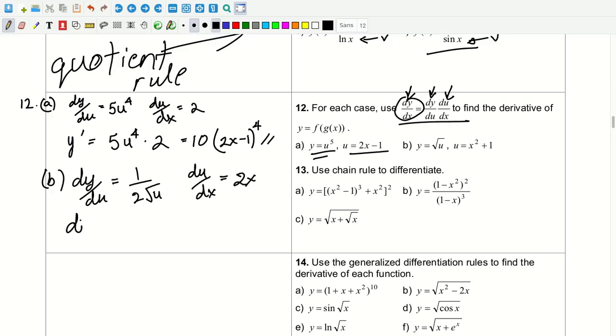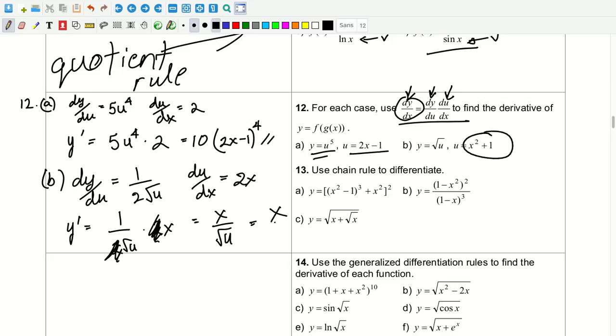Multiply them together, and we get y prime, or dy dx: 1 over 2 root u times 2x. The 2's will cancel, and we get x over root u. But remember, u in this case is x squared plus 1. So we get x over root of x squared plus 1.